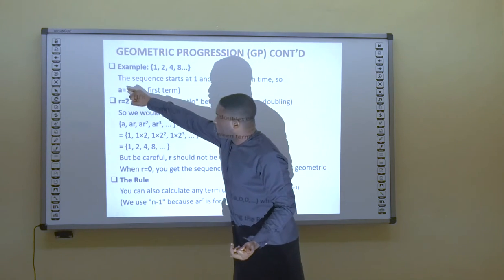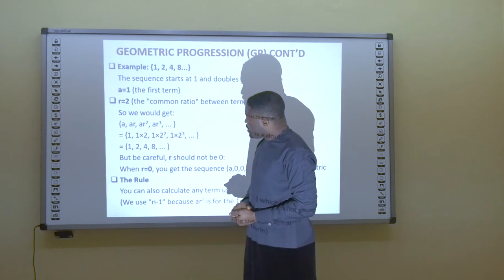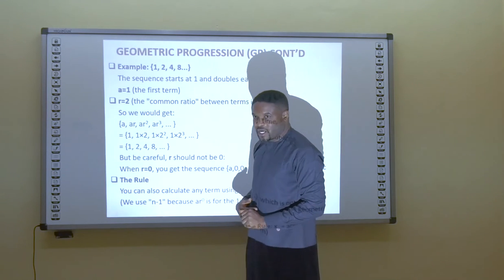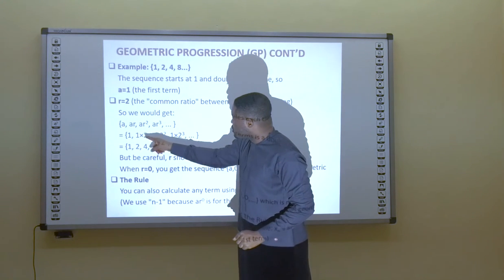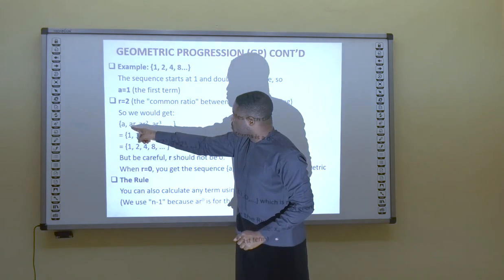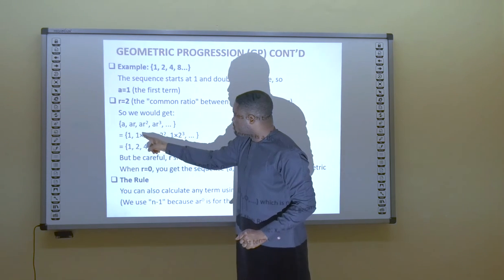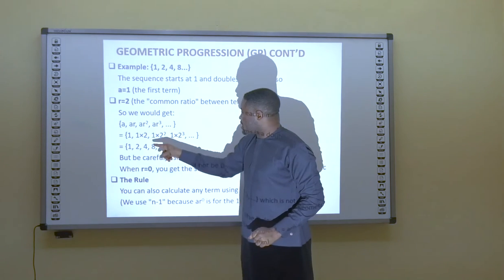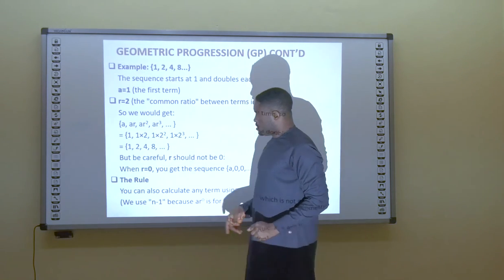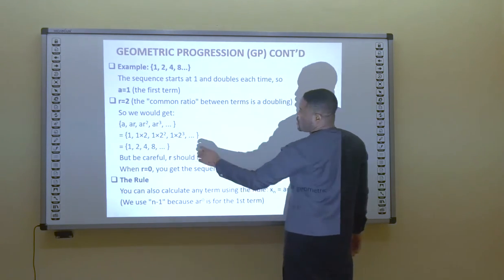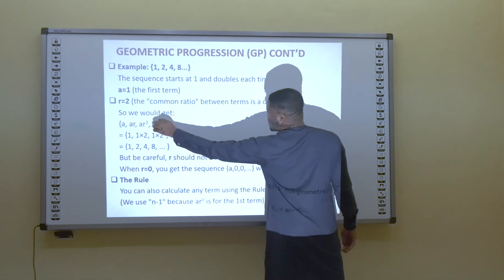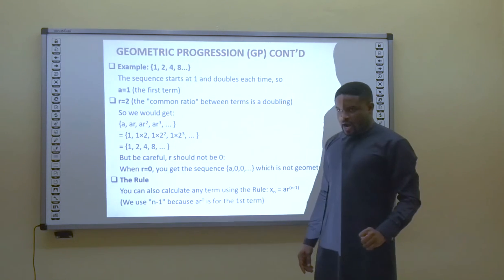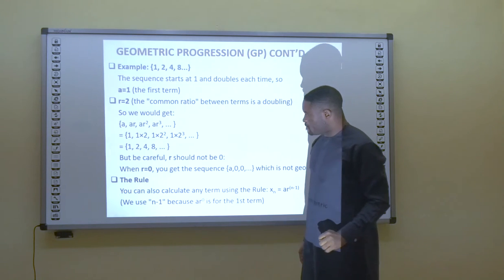Remember, we have used the figures to represent a and r. So when you substitute a here, which is 1, times 2, you still remain with 1 times 2. And then in this formula, you say 1 times 2 raised to the power 2, because r here is raised to the power 2. And then 1 times 2 raised to the power 3, because r is raised to the power 3.